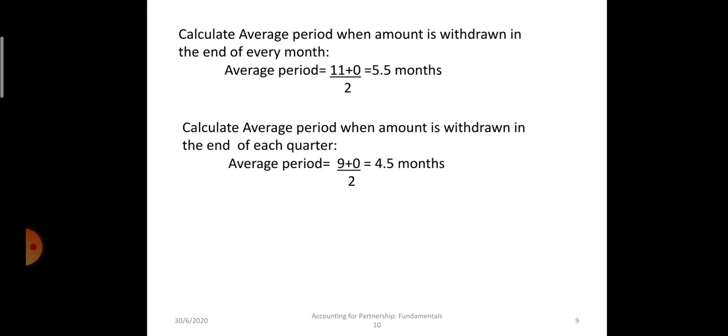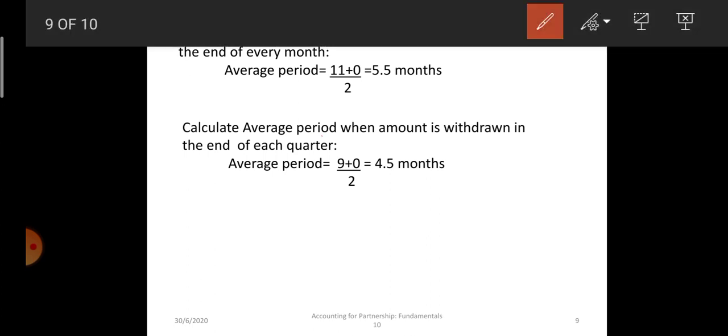Similarly, let's take one example of quarter, end of each quarter. From 1st January to 31st March will be the first quarter. So end of the first quarter will be 31st March. From 31st March to 31st December, it is 9 months. Then the last quarter will be from 1st October to 31st December.